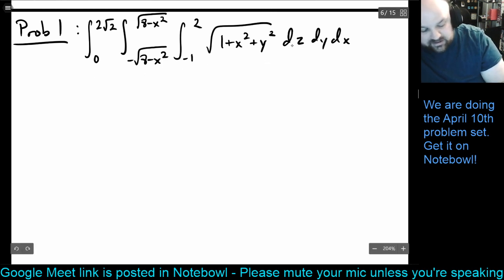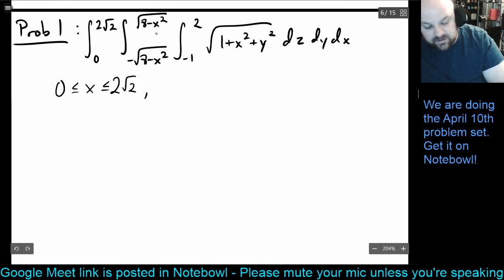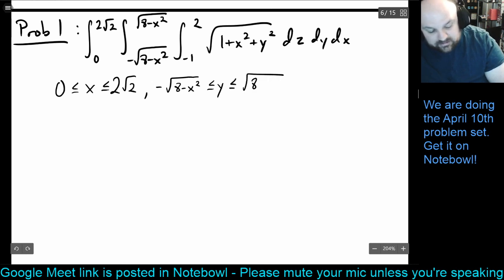So let's write out what all our bounds are here. These bounds are for x: 0 is less than or equal to x is less than or equal to 2 square root of 2. This one says y is between negative square root of 8 minus x squared and square root of 8 minus x squared.